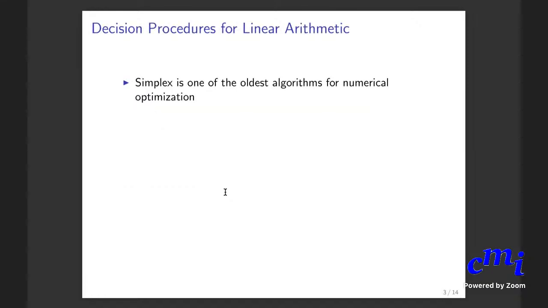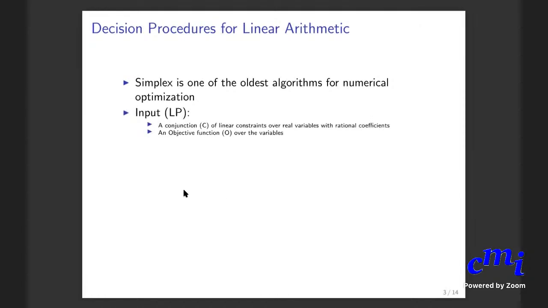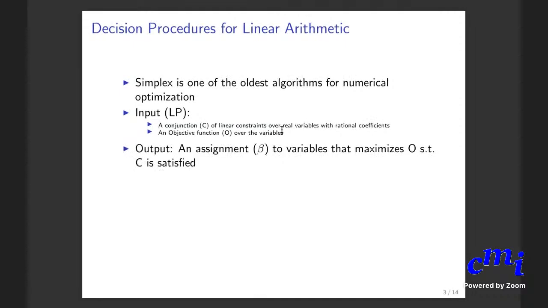So simplex is one of the oldest algorithms for numerical optimization. It takes an LP instance, which is a conjunction of linear constraints over real variables with rational coefficients. Normally, as an optimization problem, it also takes an objective function that you want to optimize, either maximize or minimize, defined over the variables in the constraints.